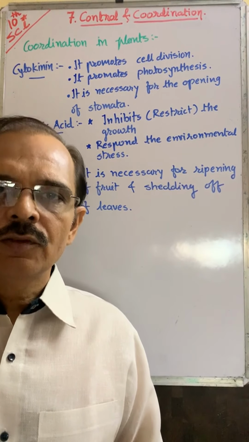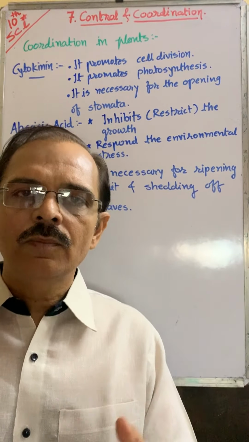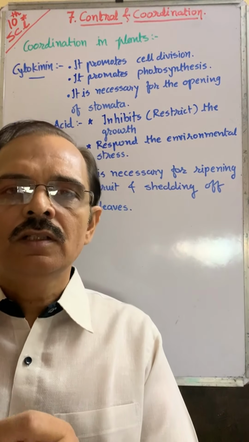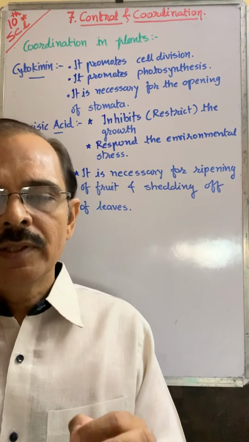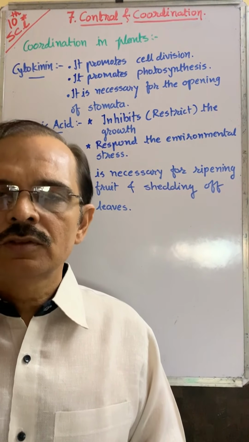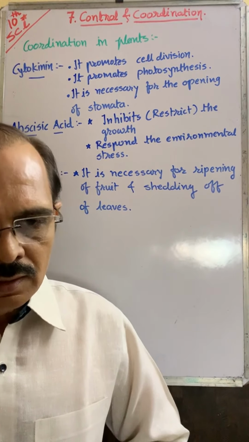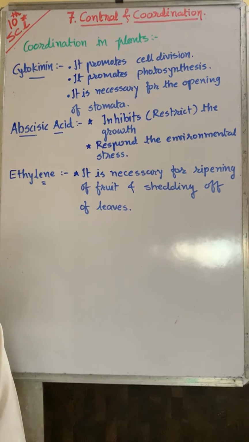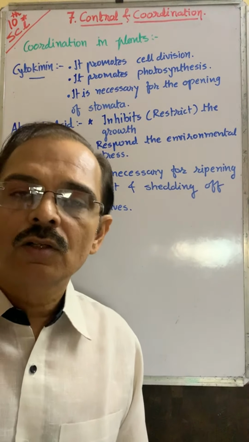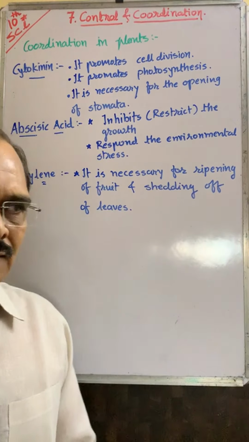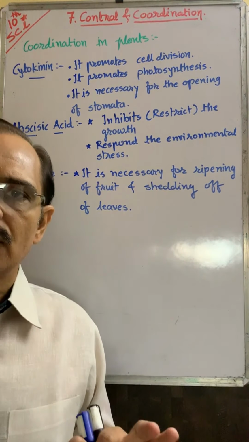Maybe one-liner question, write any one function of auxin, which hormone inhibits growth, or how does chemical coordination occur in plant. Answer all these 5 hormones.